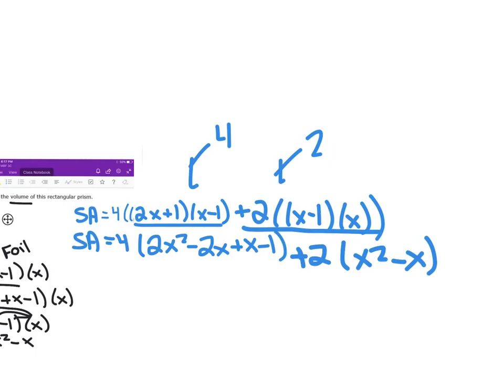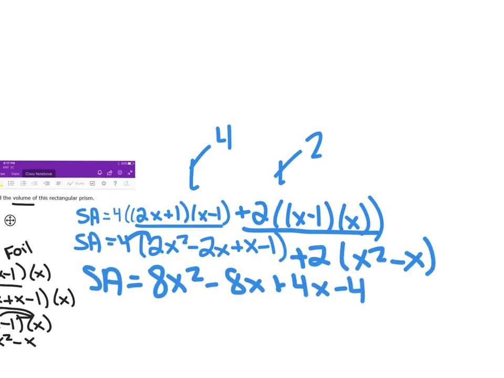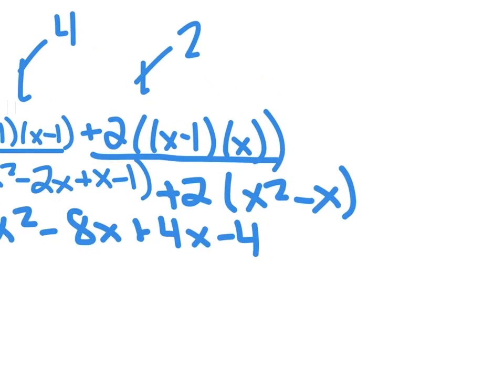Now we can apply distributive property into the brackets. So where we're going to multiply the 4 into every term. So we're going to get 8x squared minus 8x plus 4x minus 4. And then doing the other side, we multiply in the 2, we get plus 2x squared minus 2x.